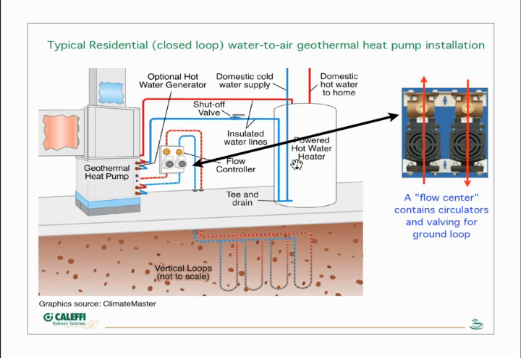In the cooling mode, the heat that is being rejected by the heat pump, if you don't have a domestic water setup with a desuperheater, all that heat goes into the ground. If you do have a domestic water setup with a desuperheater, some of that heat is literally free to heat your domestic water, preheat your domestic water. So in climates that have strong cooling loads, a desuperheater makes a lot of sense.